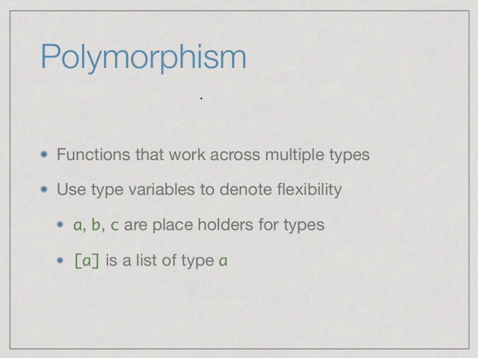So in Haskell we use type variables, usually A, B, C, letters like these, as placeholders for type. So if we say that a function takes as input type A, it means A can stand for any input. And if A stands for any input, then if we put square brackets around A, then we denote a list of that type.